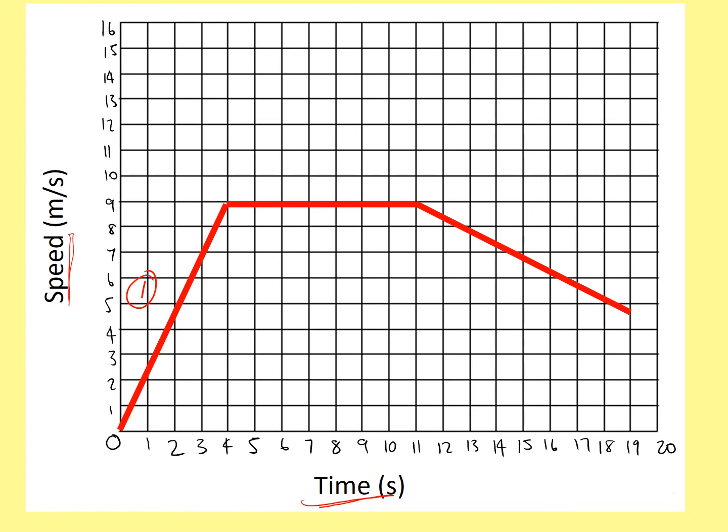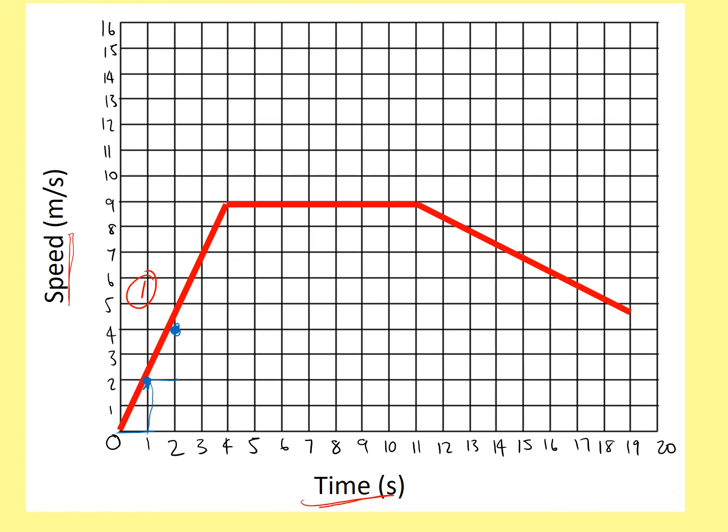I can see that after 1 second, if I go up to the line, this object has got a speed of 2 meters per second. After 2 seconds, it's got a speed of just over 4 meters per second. And so every second that's going on, the speed is increasing. So in section 1, we say that the object is accelerating.